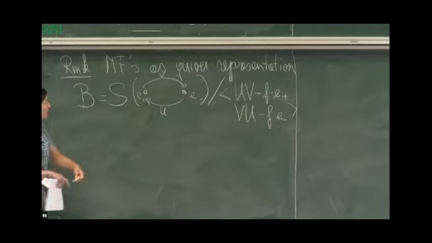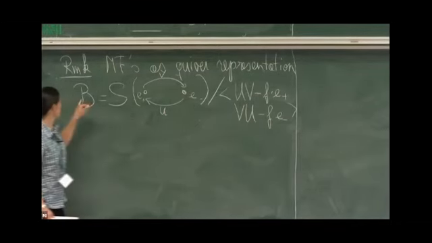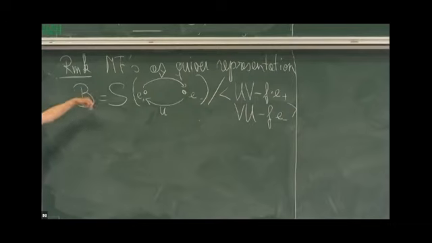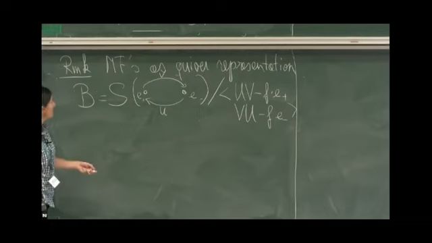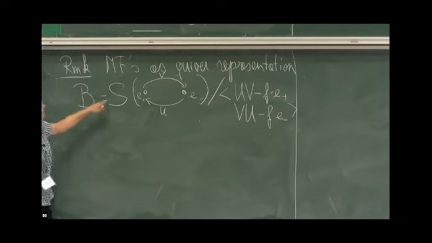But you can now look at modules over this path algebra, and then you can also define what are maximal Cohen-Macaulay modules over this path algebra. These are precisely modules over B that are maximal Cohen-Macaulay S-modules.